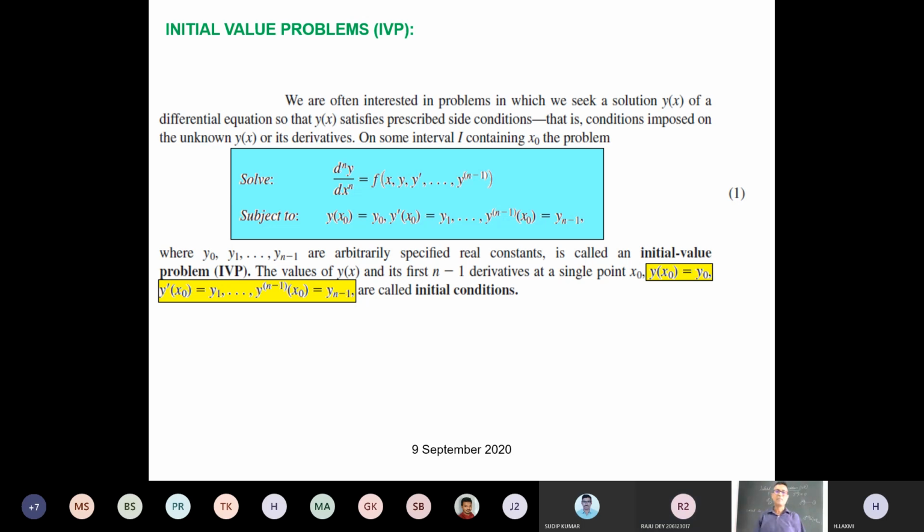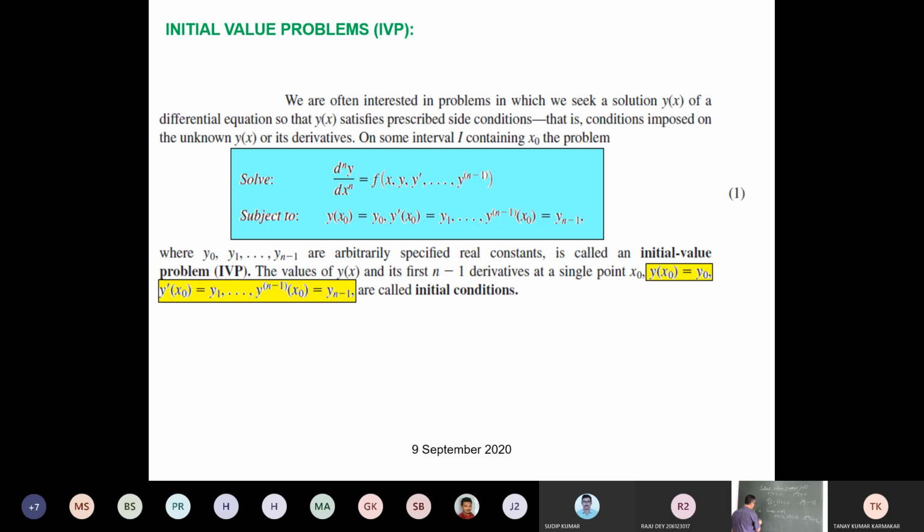Apart from that, am I missing some information here? Or is it that I haven't told you about something here? What is that? There will be an interval where x naught belongs. Yes. So firstly, the interval of definition.